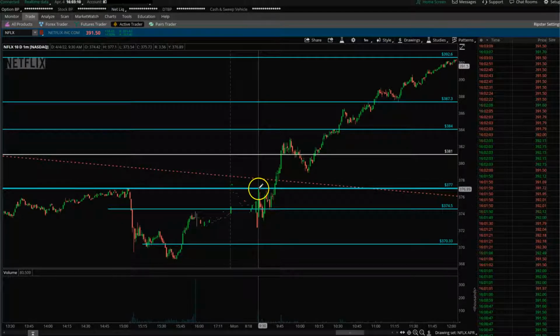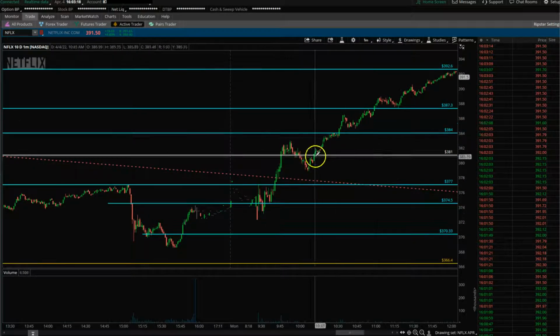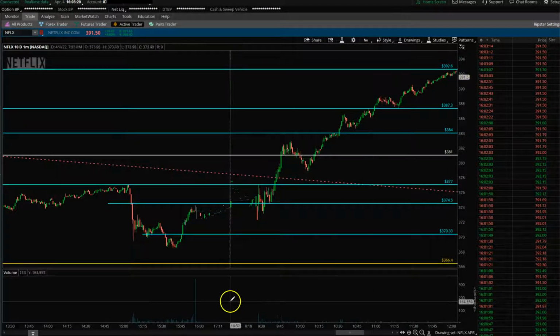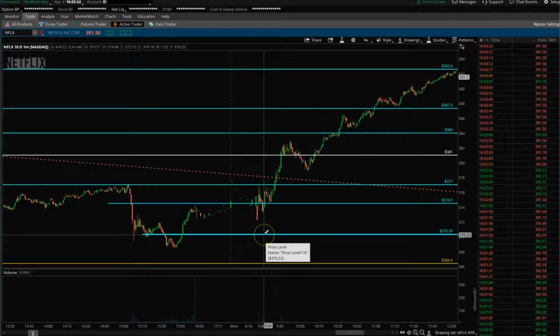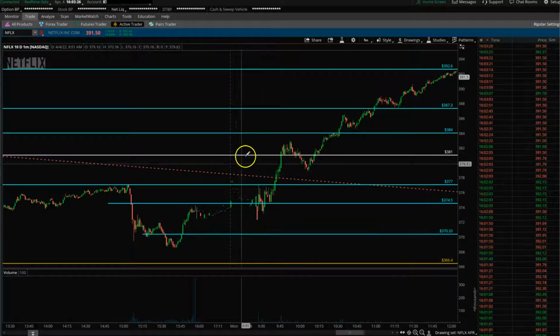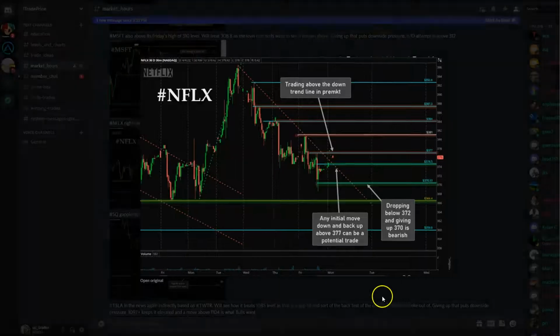It got rejected at 377, and then the second time it approached, it took it out, with a nice big strong move to the upside all the way to 392.6. It never went back down to 370, where one could have played a bounce as well, but that was the trigger. That was the execution you needed to do.